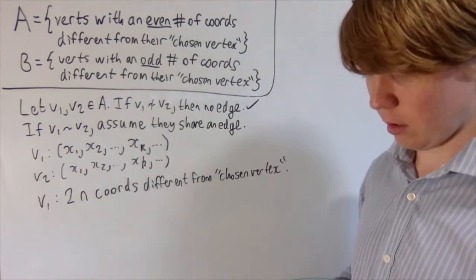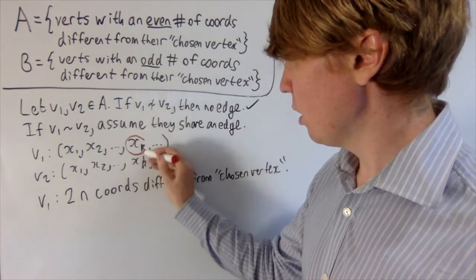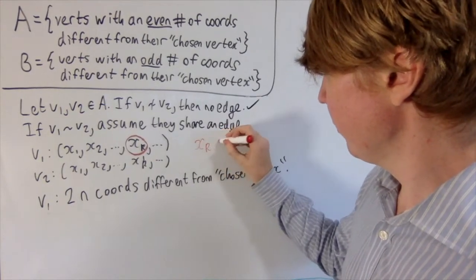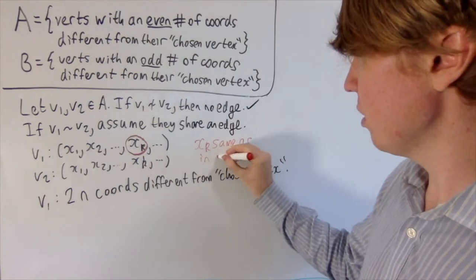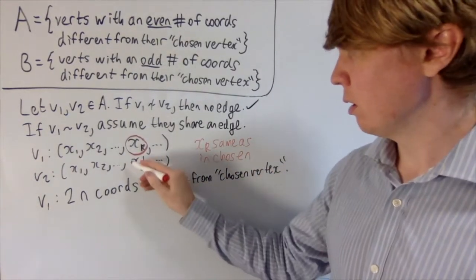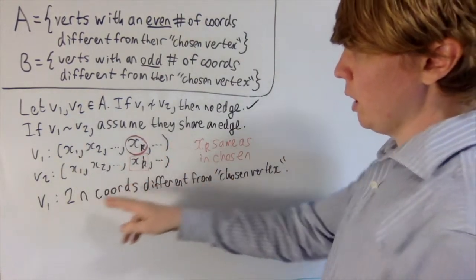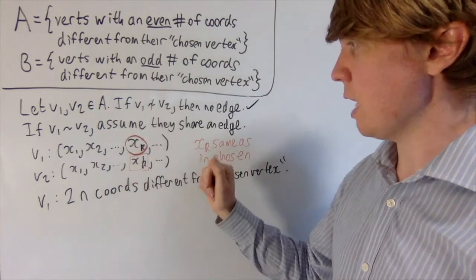So what does this tell us? Well, let's consider a few cases. If xk is the same as in the chosen vertex, what does that tell us? Well, that means that xk dash is different, but we know that V1 has 2n coordinates which are different, and it can't be one of these because we've assumed that it's the same.